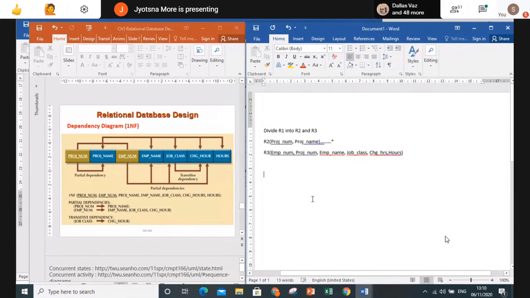Write down the next thing after this. Before R3, we'll write about R2. R2 is in 2NF.